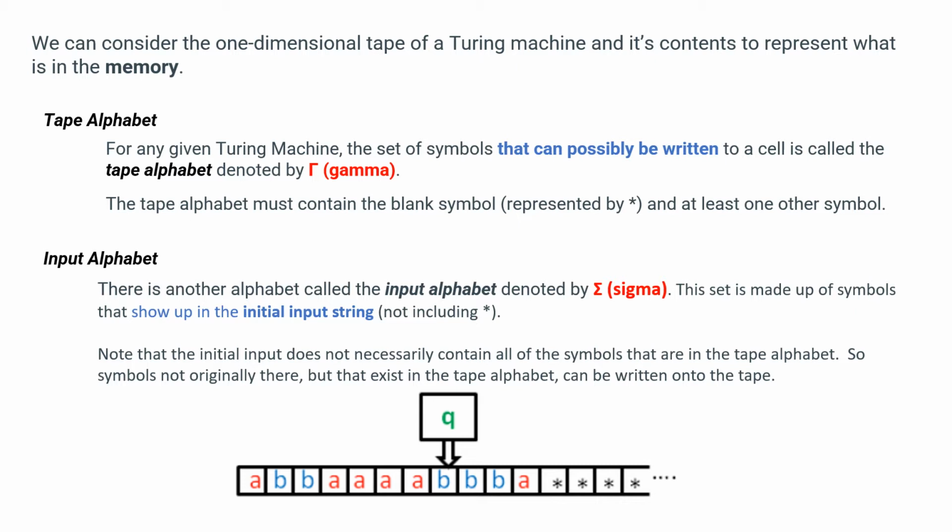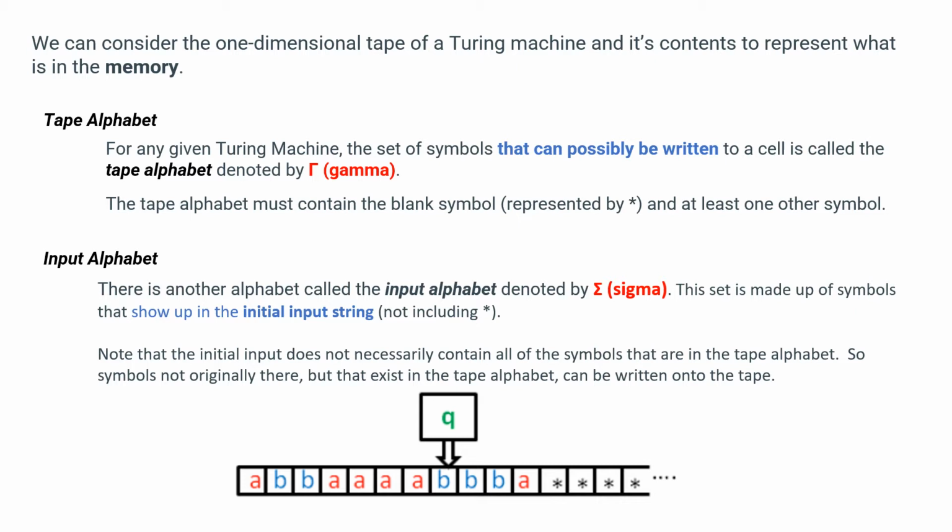So the C's and D's would be considered part of the tape alphabet, but the input alphabet is just those symbols that are there at the beginning. So if it only started with A's and B's, that would be what would be considered part of the input alphabet.